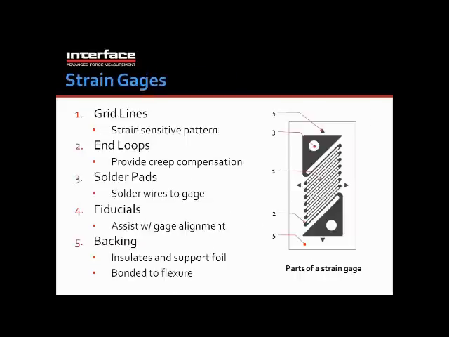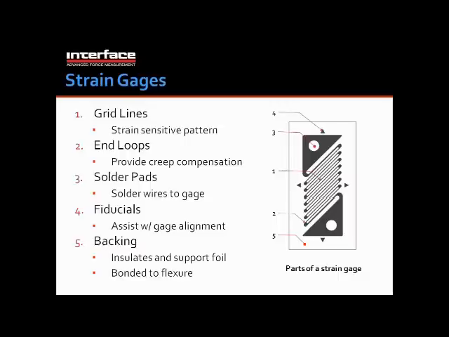Now let's give a little background about what a strain gauge is. Here we have this image which shows the different parts of a strain gauge. Number one is pointing to the grid lines. The grid lines is the pattern in the center of the strain gauge that is sensitive to the strains on a flexure. Number two is pointing to the end loops. The end loops help with creep compensation, and the amount of creep is determined by the length of those end loops.